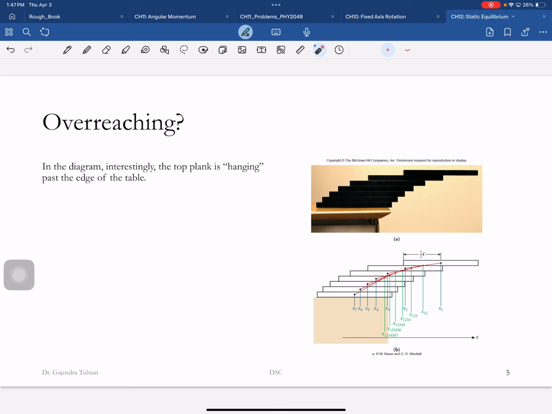The center of mass needs to be behind the edge. You see the center of mass of this block is behind the edge. For these two not to topple, the center of mass of these two has to be behind the edge of the one below. For these three to not topple, the center of mass of these three is behind the edge, and so on.